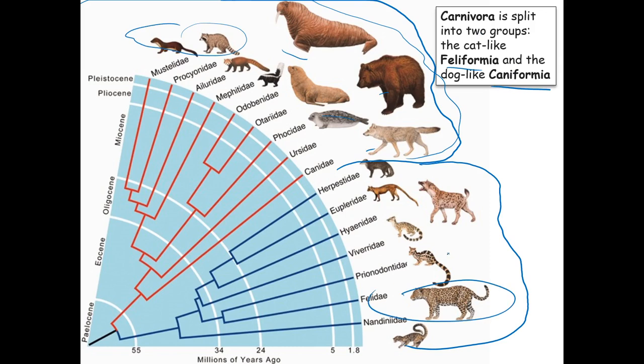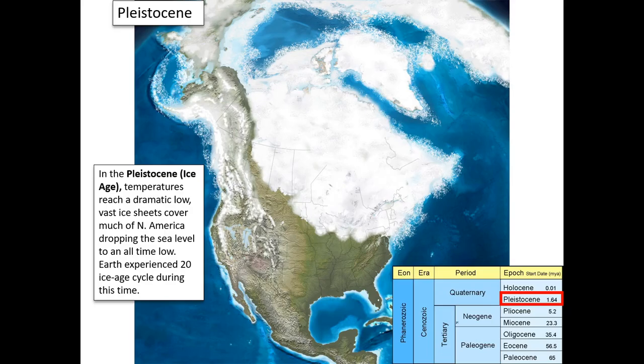The cats, and all these kind of strange groups, I don't know what the names of a lot of them are, hyenas, and a lot of these long-tailed, wild cat-like creatures that live in Africa, which I'm not really too familiar with. But anyway, kind of going into the Pleistocene now.